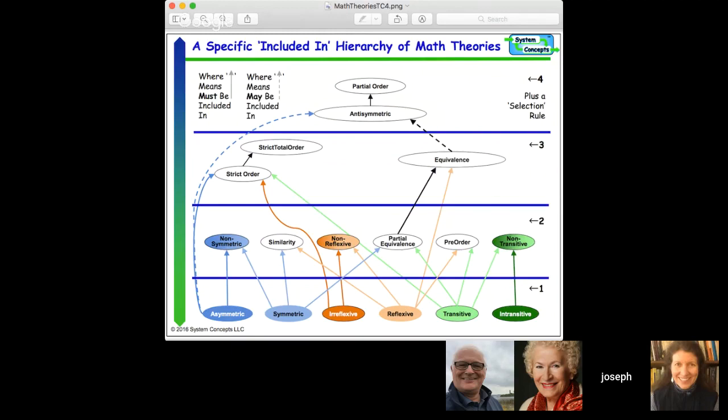If we're applying them to a group of real objects, and relating those real objects together using the math theories, then we could have object A related to object B in an asymmetric way, and object A related to object C in a symmetric way.